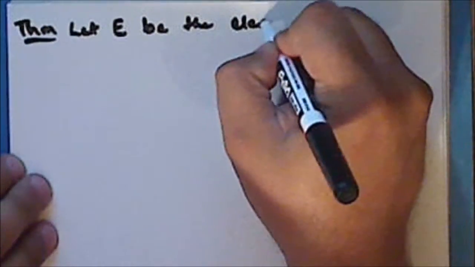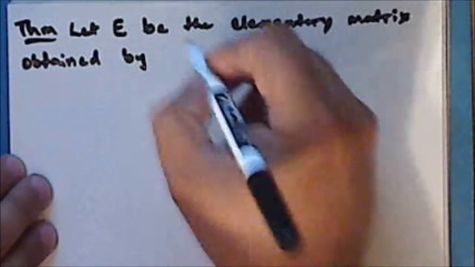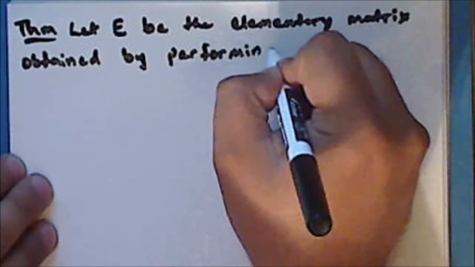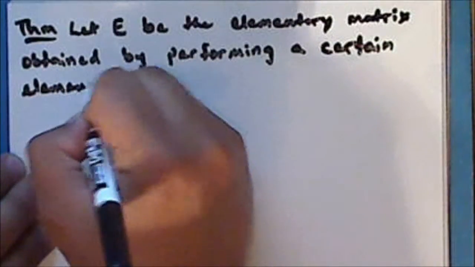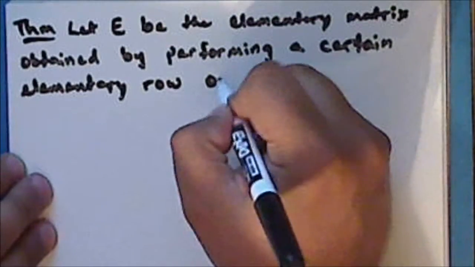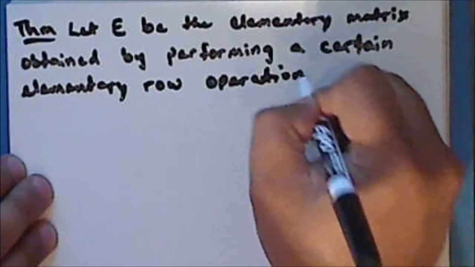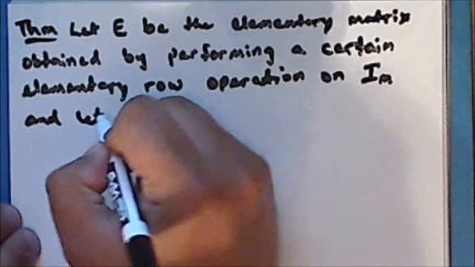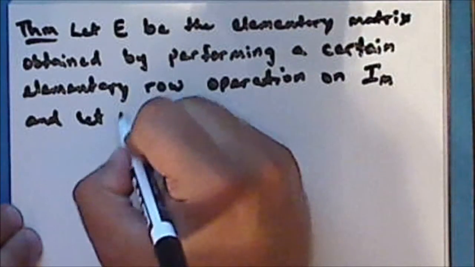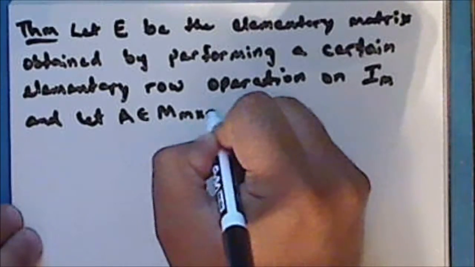So next we prove a theorem. Let E be the elementary matrix obtained by performing a certain or specific elementary row operation on the M by M identity matrix, and let the matrix A be an M by N matrix.